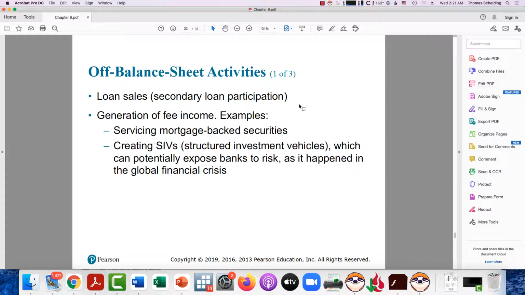In terms of activities that occur off of the balance sheet, when many banks issue you a mortgage, most of the time they don't hold on to that mortgage forever. And so they sell it to some other agency. Same with many of our student loans.